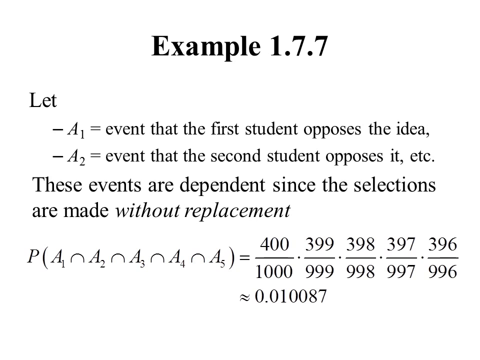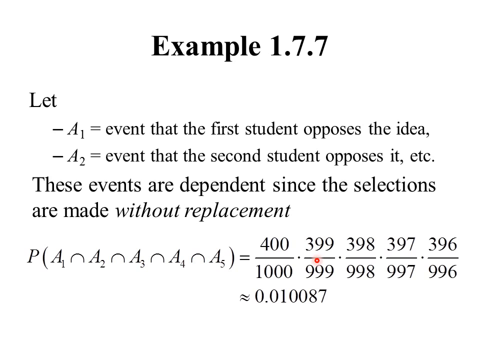So in order to calculate the probability that all five oppose the idea, so this would be A1 and A2 up to A5, the probability of A1 is 400 divided by 1,000, because there's 400 students that oppose the idea, 1,000 total. Now, the probability that the second student opposes the idea, to calculate that, we have to take into account the occurrence of event A1.